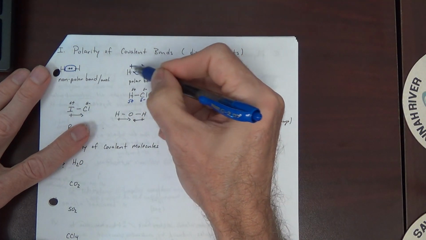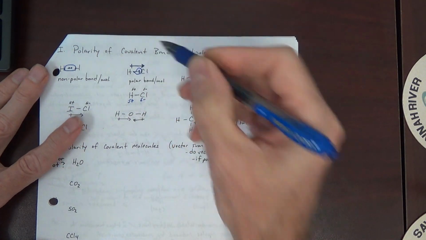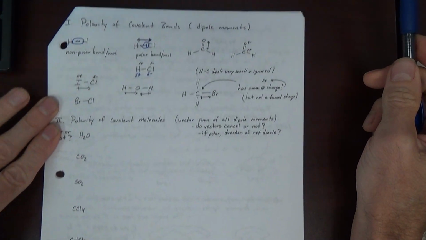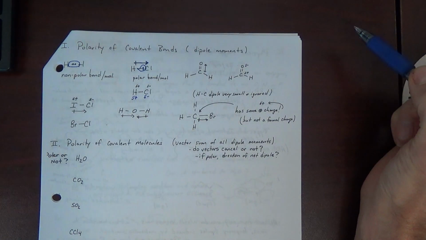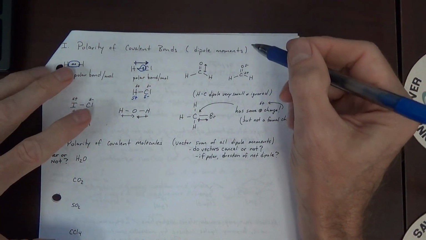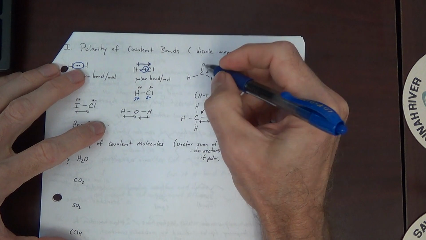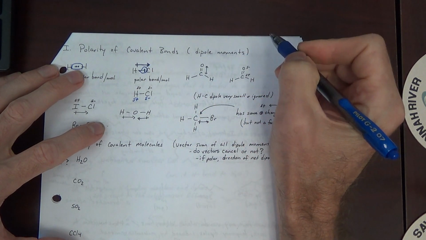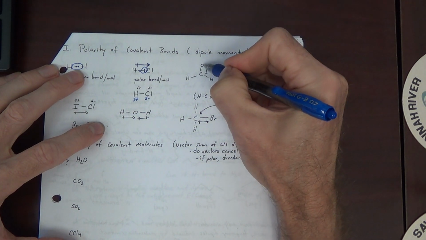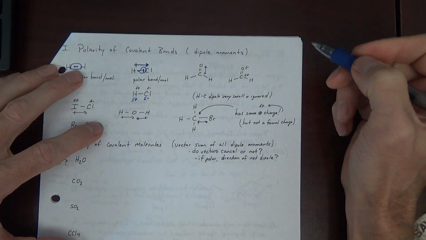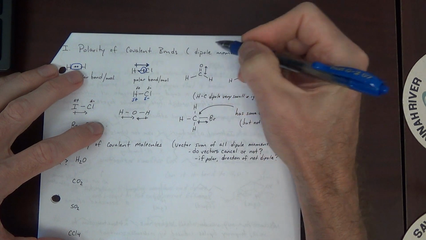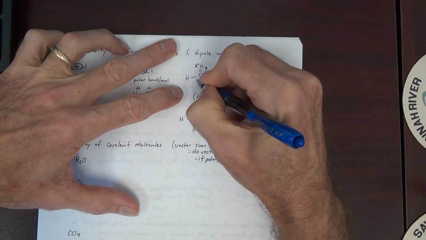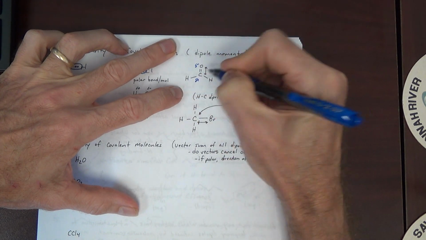Now, this molecule is only one bond. Down below, we'll judge polarity of molecules that have more than one bond. Other examples of polar bonds, well, the carbonyl is a common example. Of course, it's a carbon double bond oxygen, but the oxygen is more electronegative than the carbon, thus it's pulling electrons towards the oxygen, and the oxygen is partial minus, and the carbon is partial plus.